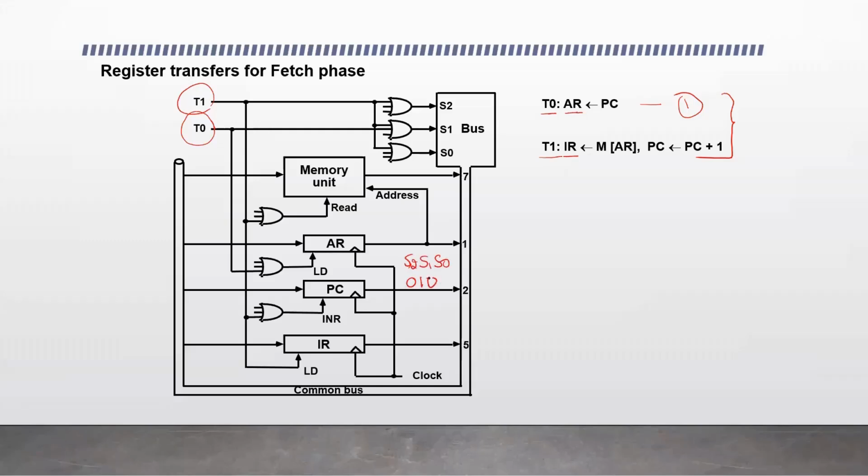These are the control signals that control the selection of the registers. By setting S2, S1 and S0 to 0, 1, 0, that is 2, the second input to the bus, the content of PC is placed onto the bus.